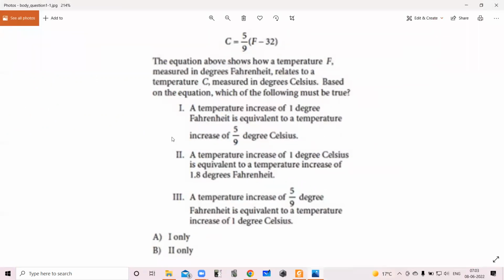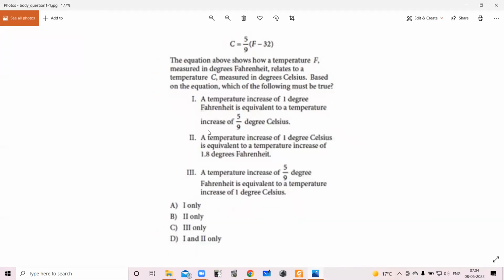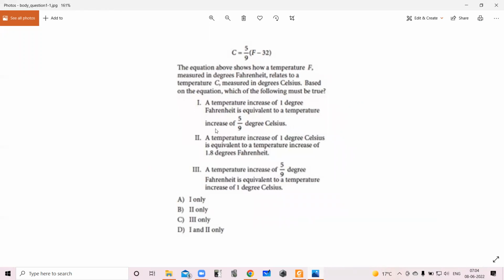Have you done this question before? It looks familiar, but I don't remember what I did, so we can do it now. Okay, so try this.